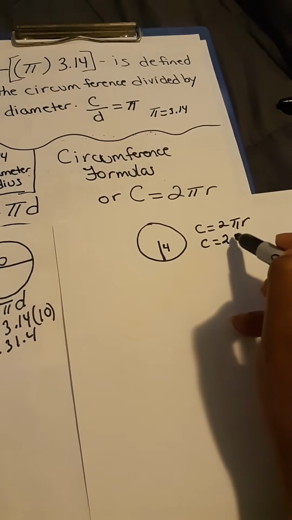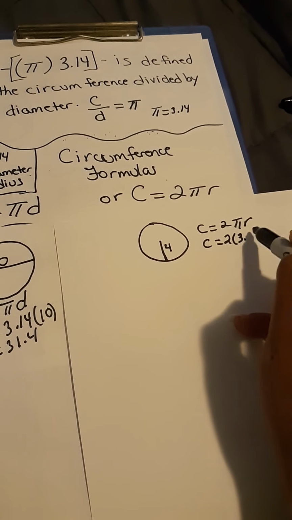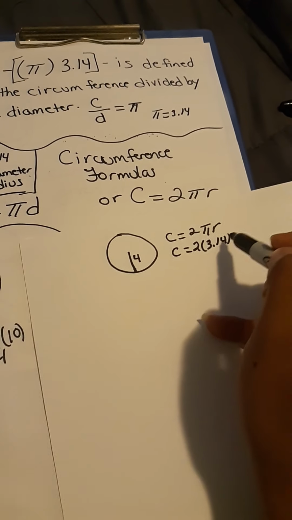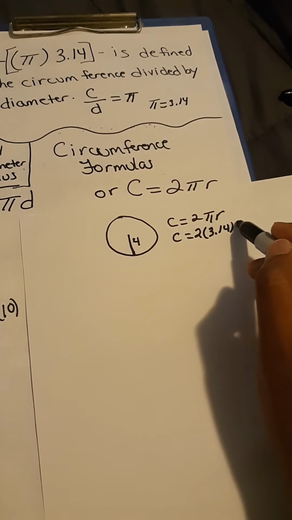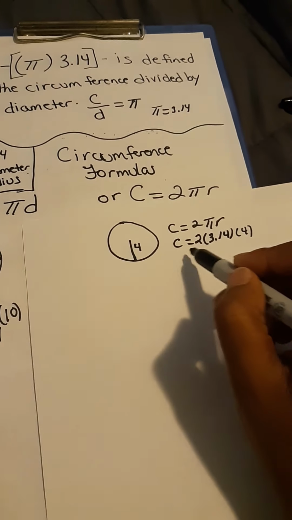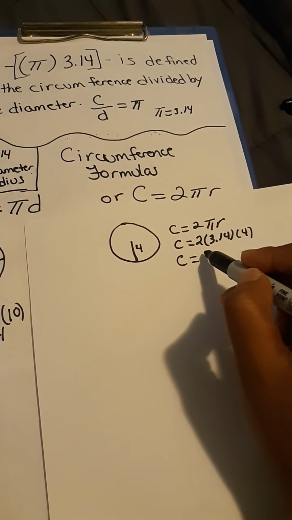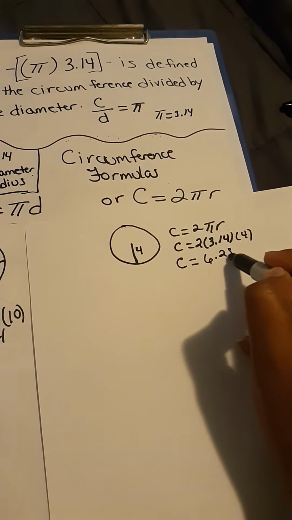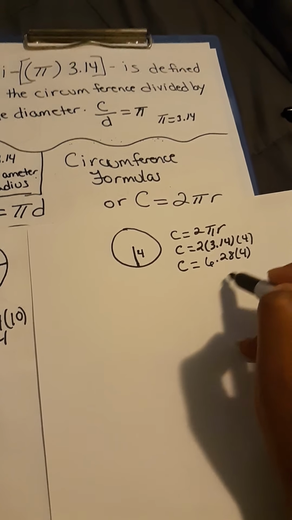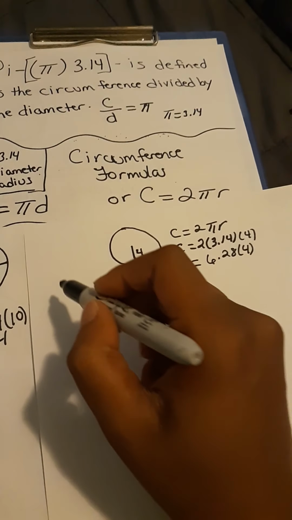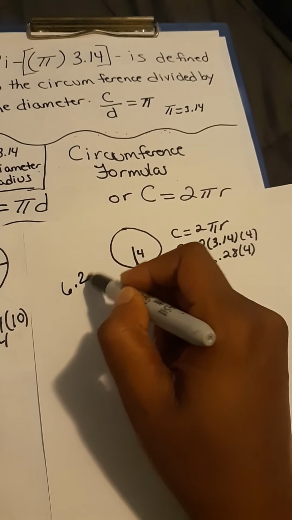I'm going to bring down my 2. I know that pi is equal to 3.14. And I know that my radius in this case is going to be 4. We're going to multiply all three numbers. When I multiply the first two, I know this is going to be 6.28. So I'm going to take 6.28 and multiply it by 4. You may use a calculator or you may do it longhand.